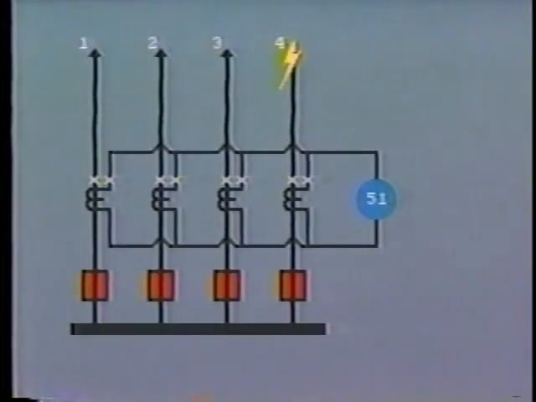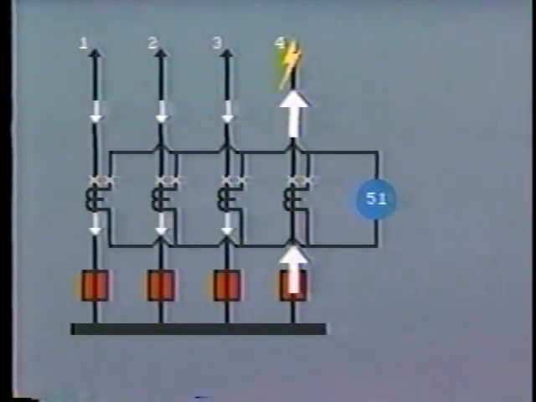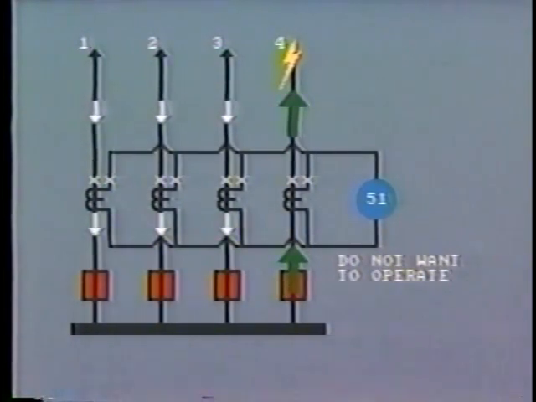For example, if we have a heavy fault out here on line 4, the other 3 circuits will feed fault current into the bus and out along line 4 to the fault. We do not want the bus protection to operate under these circumstances, as it is an external fault. The actual current in line 4 is the sum of the currents in lines 1, 2, and 3.